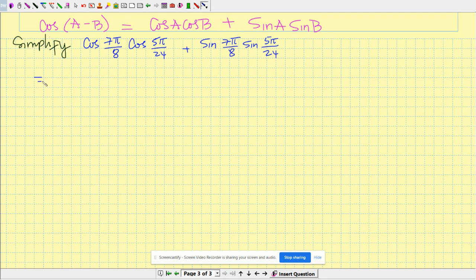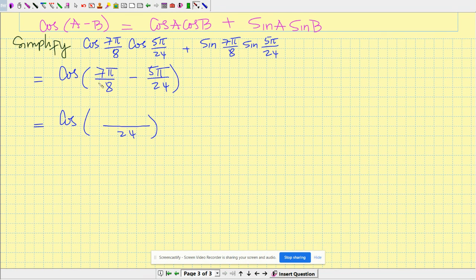That will give us cosine of 7 pi over 8 minus 5 pi over 24. So we go ahead and subtract the two fractions with unlike denominators. Our common denominator will be 24.